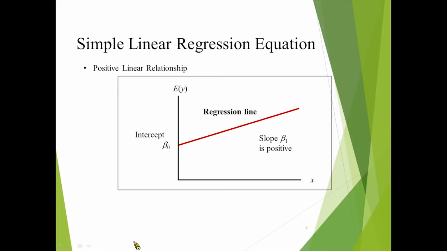Okay, this is the graph for the positive relationship. You can see the slope is positive, and beta 0 is the intercept.